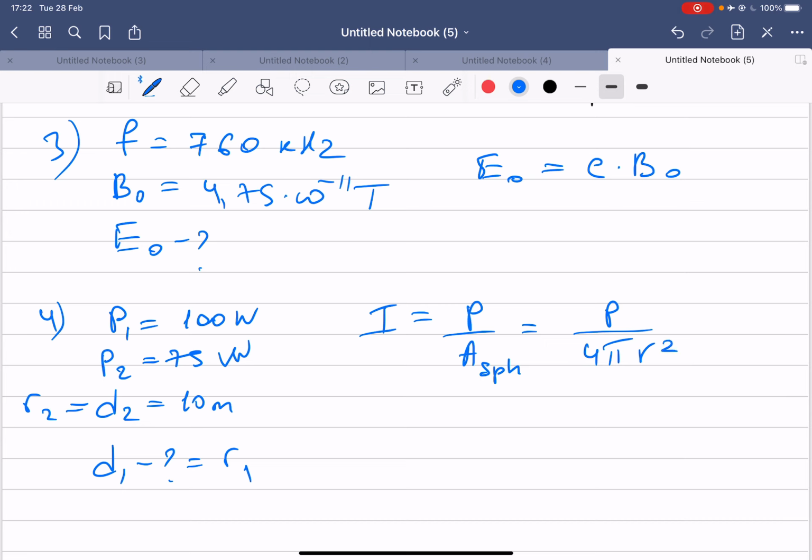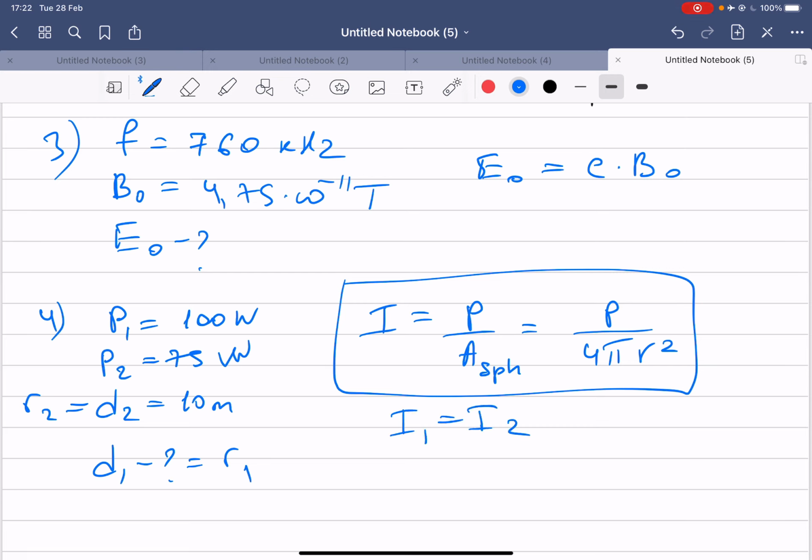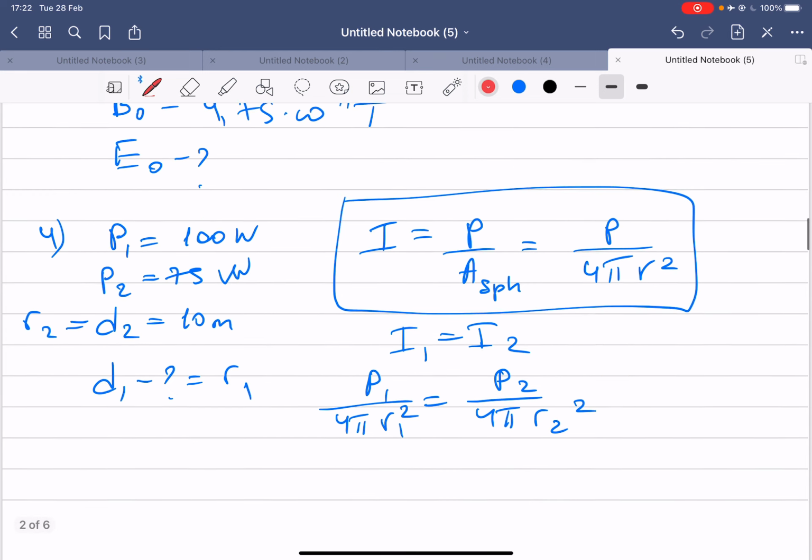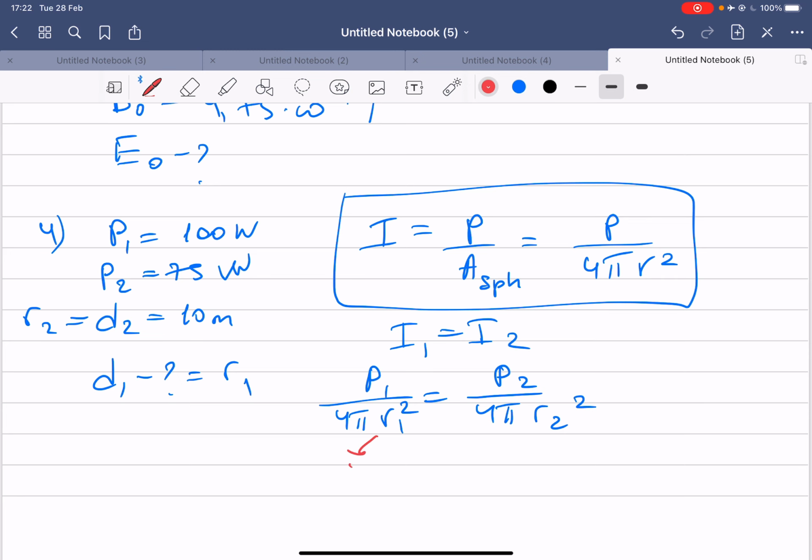This is a general formula. In this particular case, if the intensities are the same, that means P1 divided by 4 pi R1 squared is equal to P2 divided by 4 pi R2 squared.